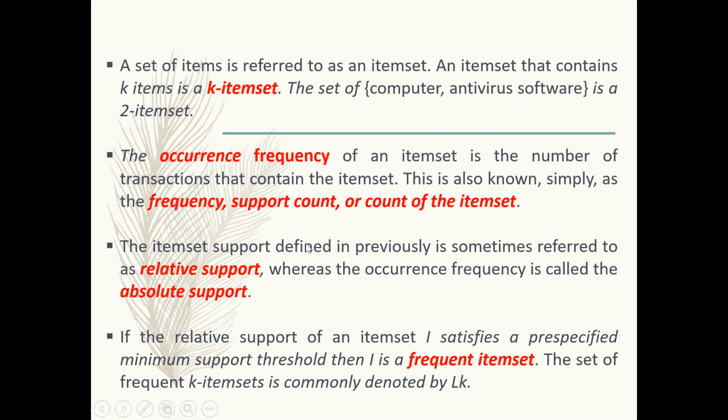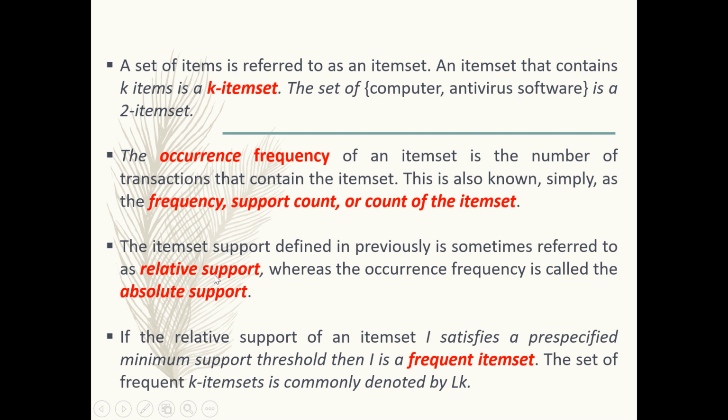Next, we were talking about support and confidence, so we'll see what relative support is. The item set support defined previously is sometimes referred to as relative support. Support, as we have seen, is the occurrence frequency divided by the number of transactions.